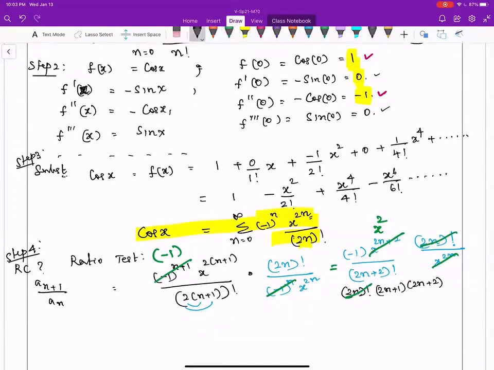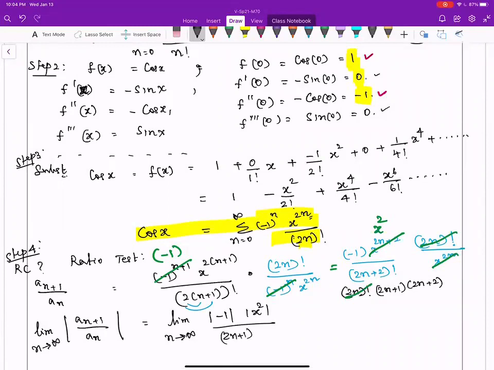So when you take the limit as n approaching infinity of the absolute value of a sub n plus 1 over a sub n, which is the limit as n approaching infinity of absolute negative 1, which will be 1, absolute x square, which is just x square, divided by 2n plus 1 times 2n plus 2.